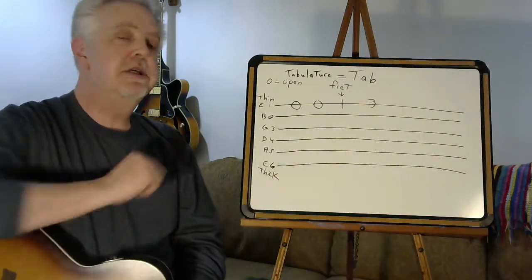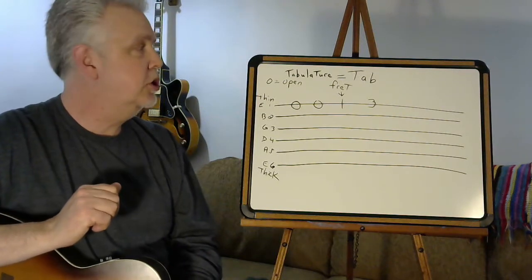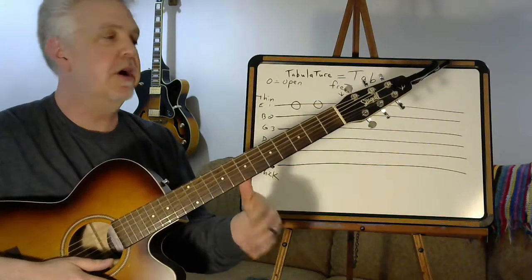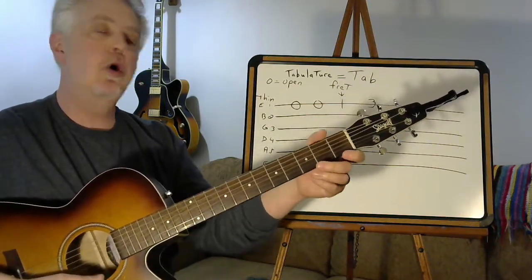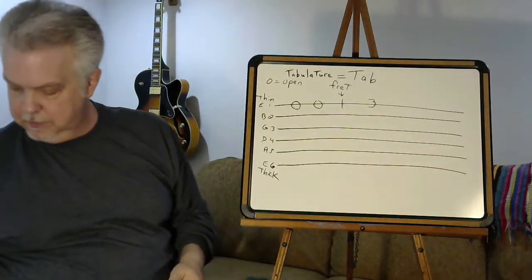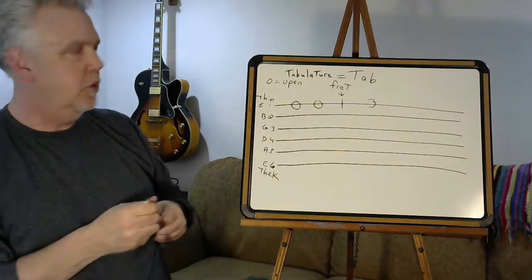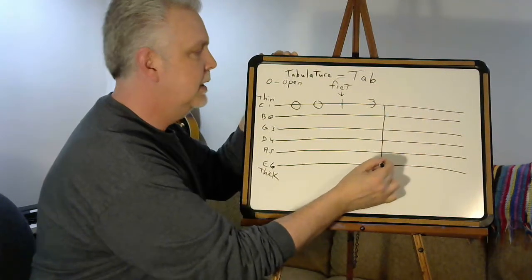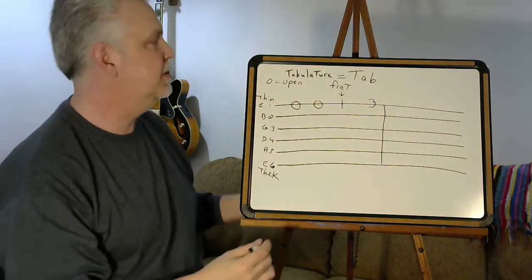Now this tablature doesn't really tell you what fingers to use. Right now we're in an open position, so I'm using 1 finger per fret. Let's say that's the end of my measure. I'll still see a bar line like I would in standard musical notation.